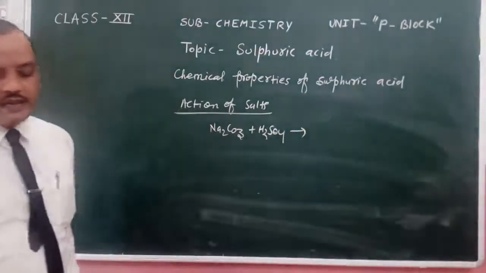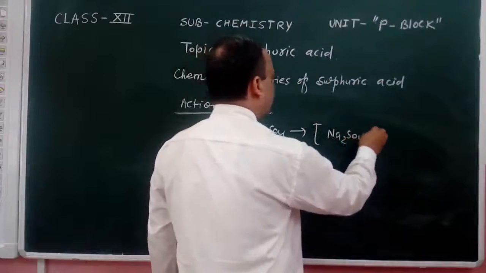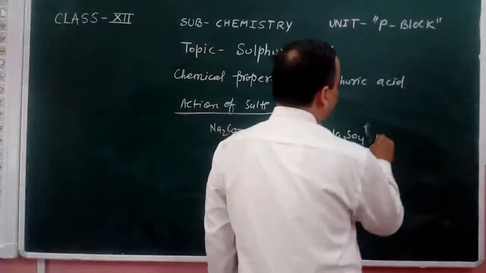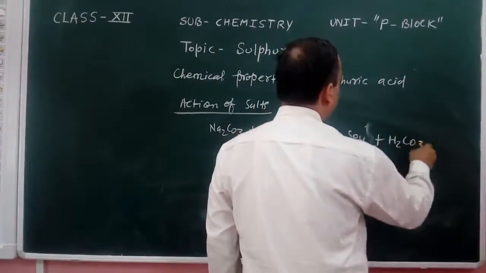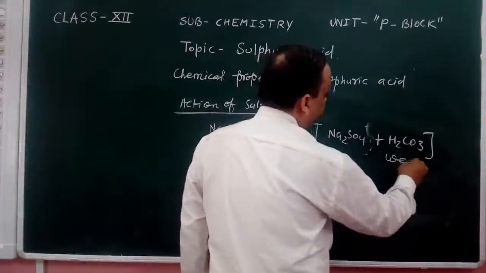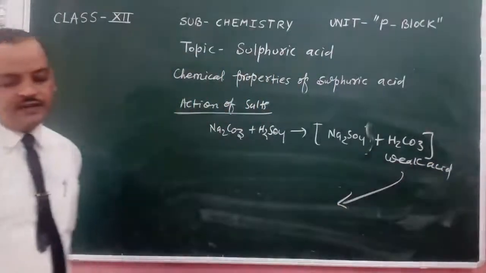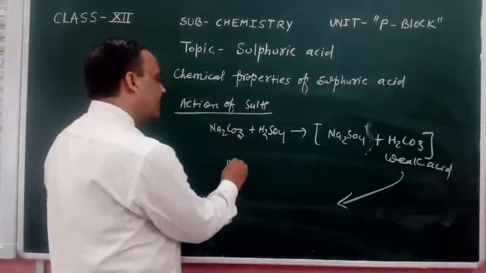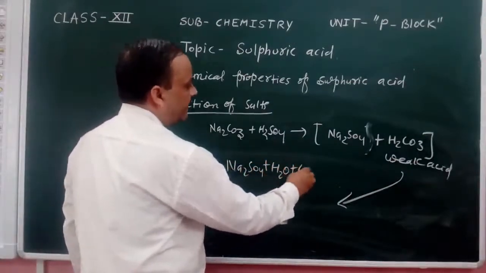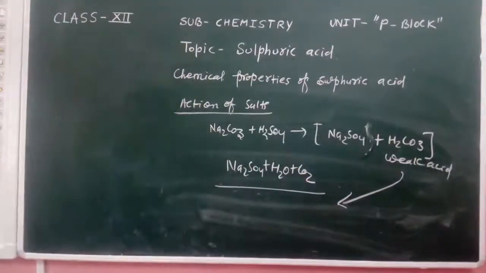When they react, we have Na2SO4 plus H2CO3, and this is a weak acid. When it dissociates, we have Na2SO4 plus H2O plus CO2 as products.